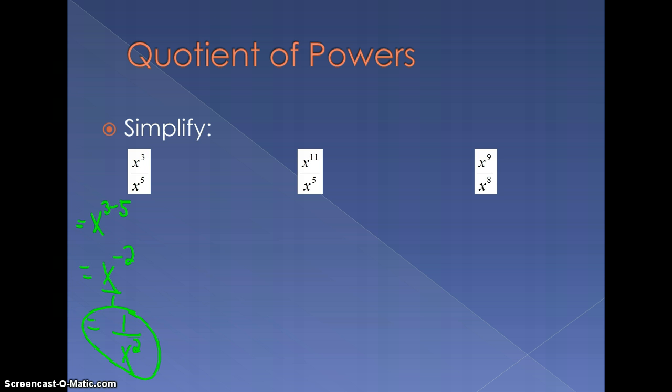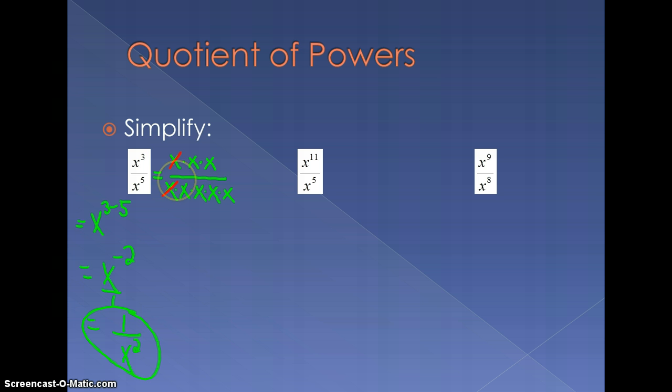Now, that canceling way that I referred back to is going to be a lot longer than you normally have to do it, but this is just where it all comes from. If we remember that x cubed is x times x times x, and that x to the fifth is x times x times x times x times x, what we're allowed to do is cancel.